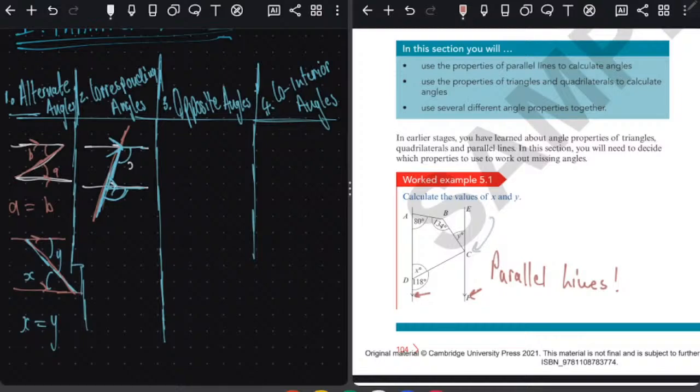So if this is X and this is Y, you can say X is equal to Y, because they're making the letter F. Can you see the letter F?